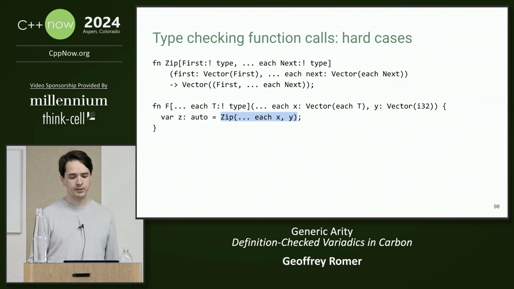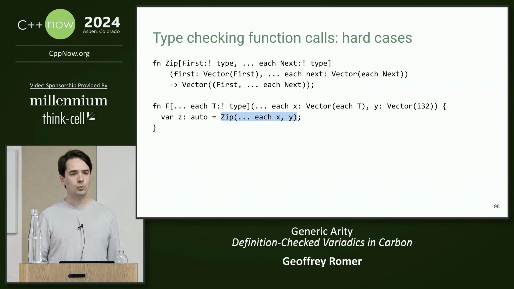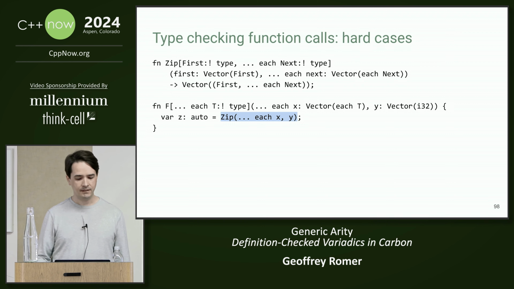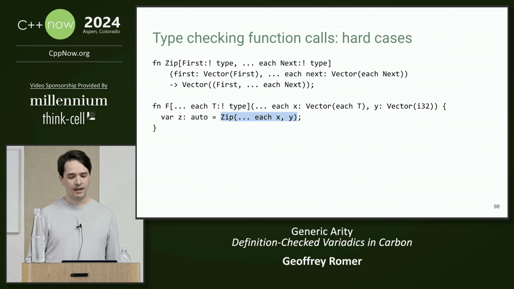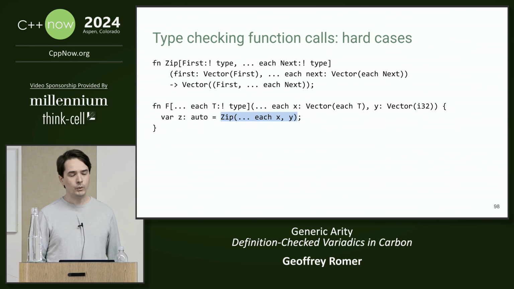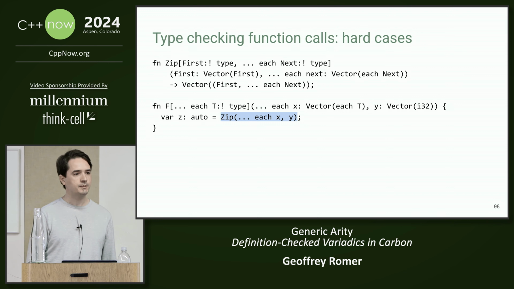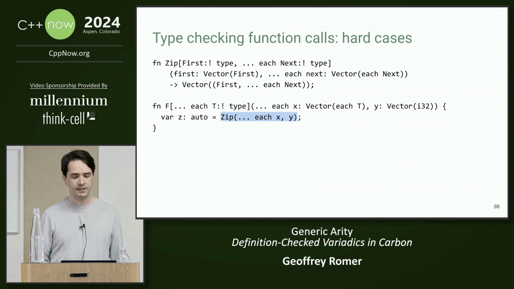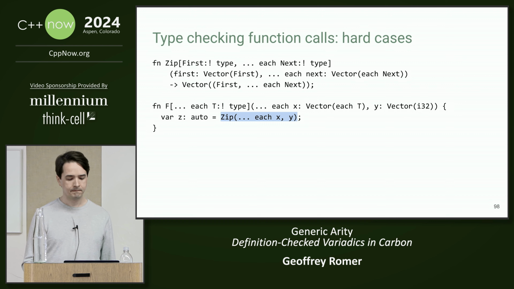First could match the first element of X, or it could match Y if X is empty. And next will match Y, but it may also match the trailing elements of X if X has more than 1 element. But we can see that any possible instantiation of F with concrete types would type check.